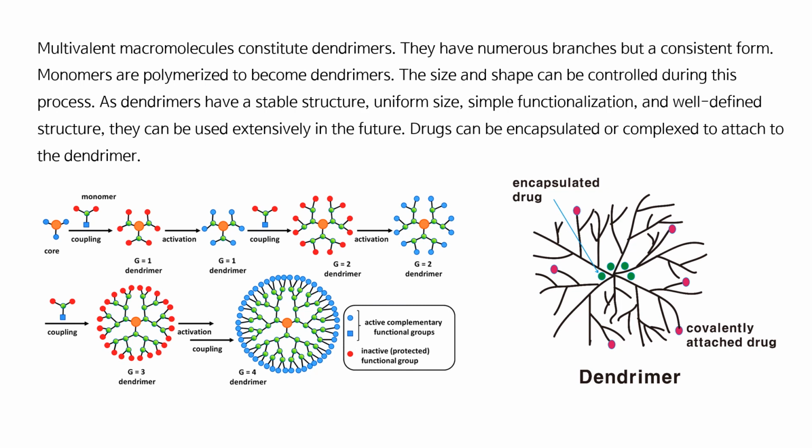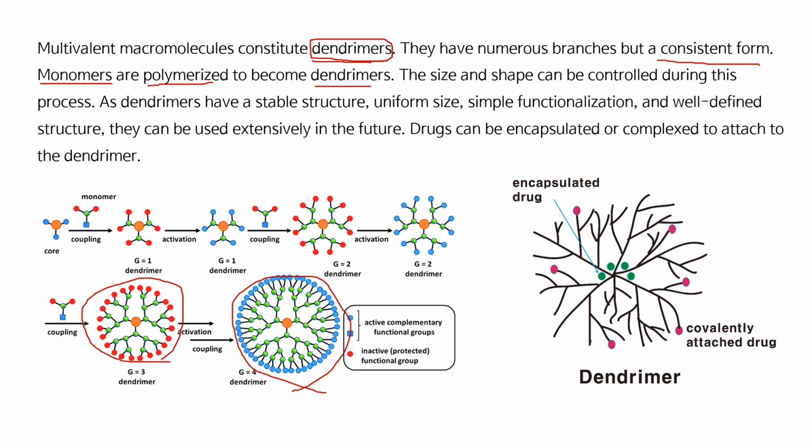Multivalent macromolecules constitute dendrimers. They have numerous branches, but a consistent form. So there are many branches, but they have some consistent structure. Monomers are polymerized to become dendrimers.